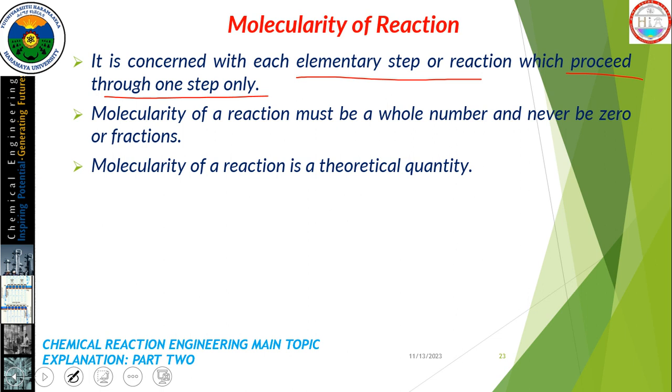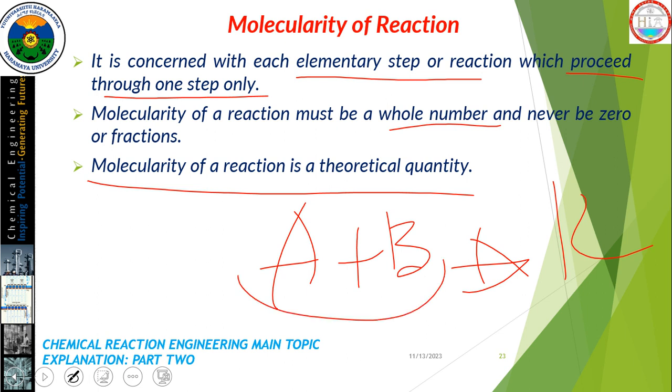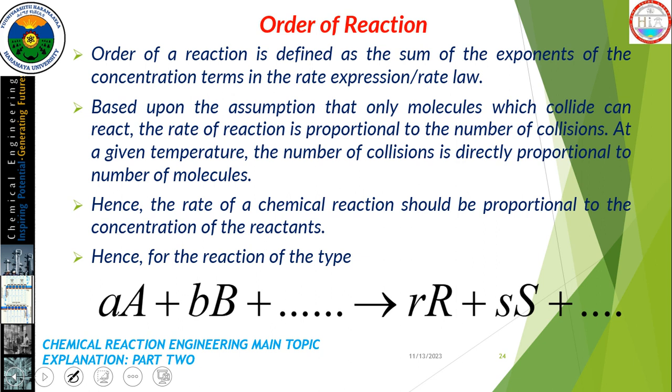Molecularity of a reaction must be a whole number. It can never be zero or a fraction, because molecularity is a theoretical quantity. It is considered a theoretical quantity because A plus B gives us R means the collision of two molecules, one molecule from A and one molecule from B. This is considered the molecularity of the reaction.